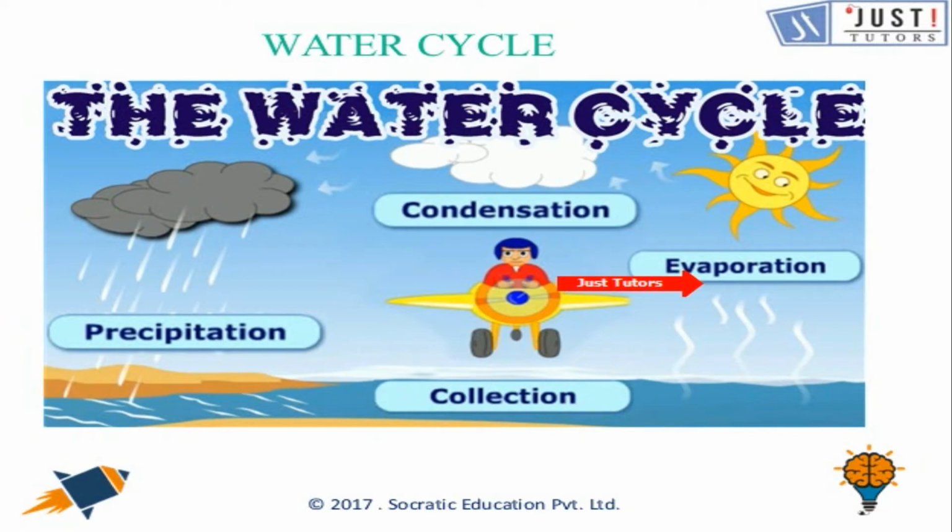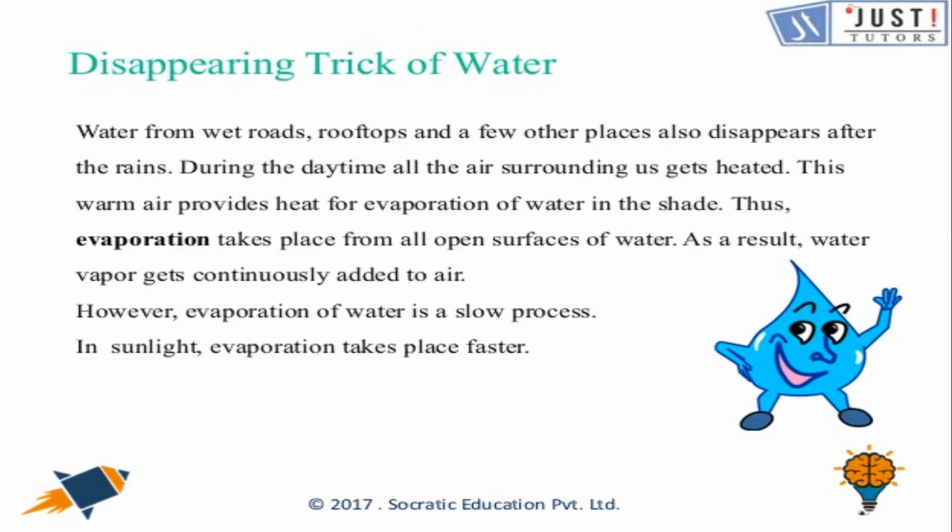Now let's move forward here. The disappearing trick of water: you must have seen that after the rain, the water that had collected disappears. Water from wet roads, rooftops, and other places disappears after the rain. During the daytime, all the surroundings around us get heated.